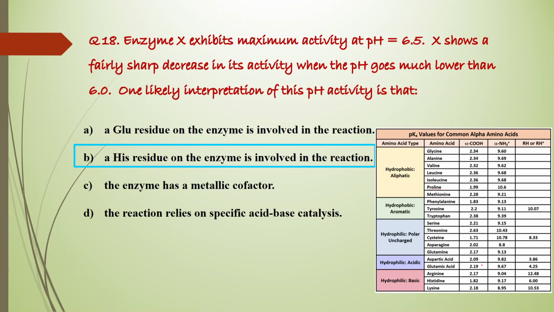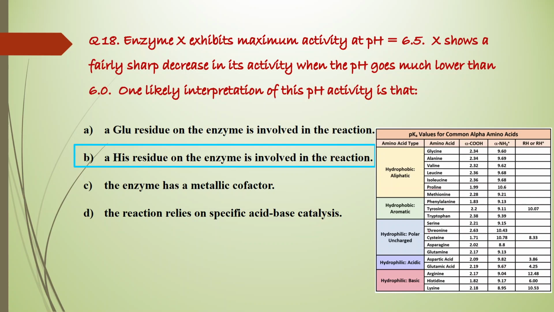The COOH groups especially are very low. Alpha COOH has a pK value around 2.19 and the side chain has a pK value of 4.25. So obviously its pI also falls in the acidic pH region. So glutamic acid will not be something that will act in the neutral kind of pH region.